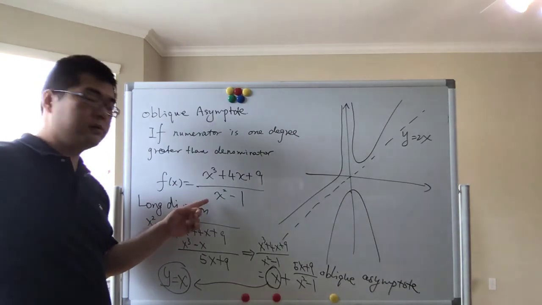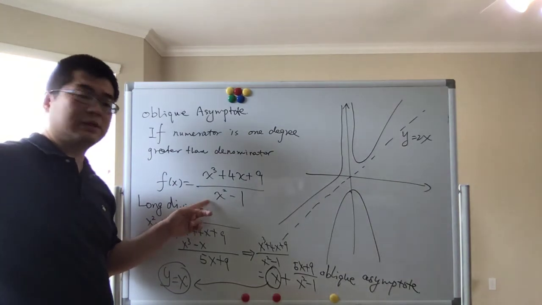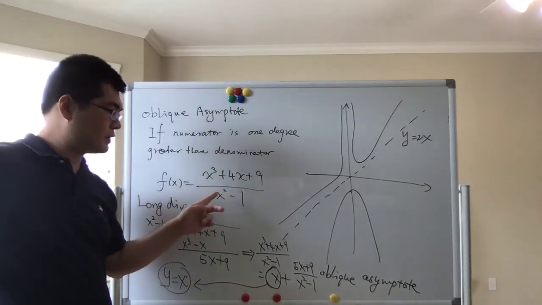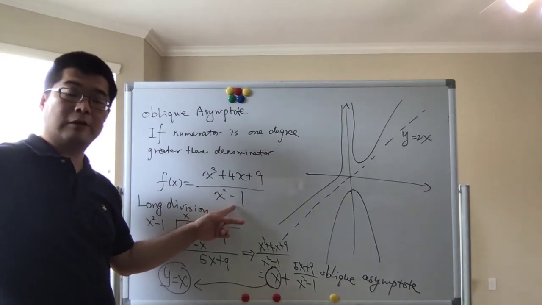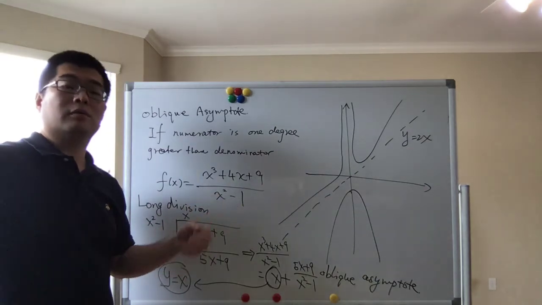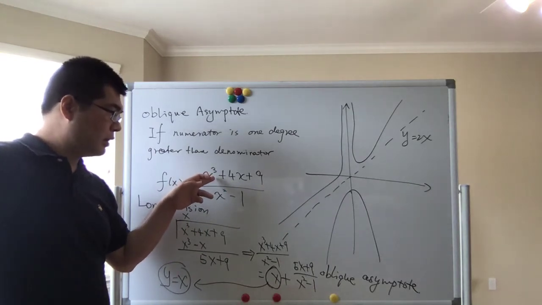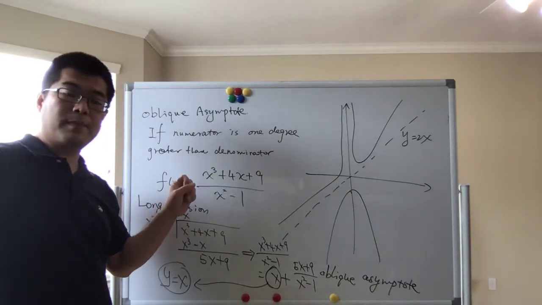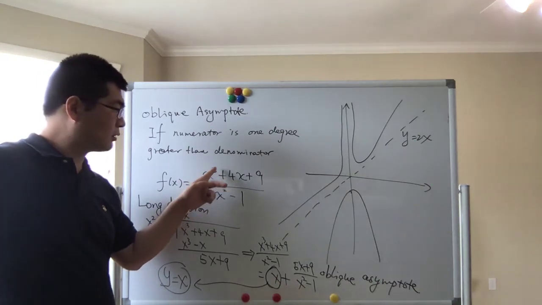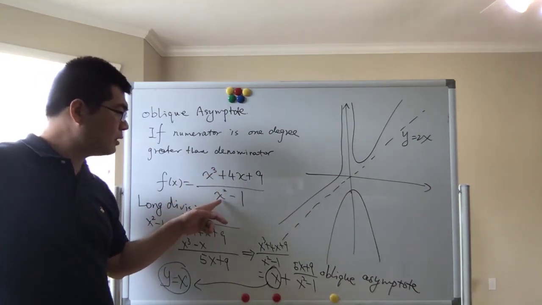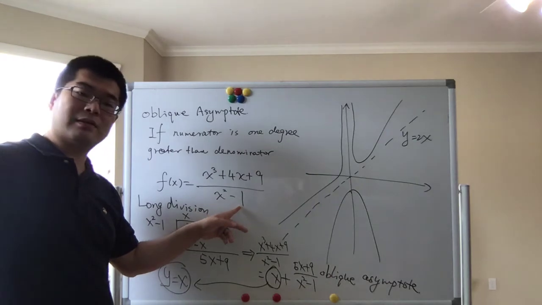So what I do here, the previous example is x squared plus 4x plus 9 over x squared minus 1, right? So the degrees are the same. Now I rewrite x squared into x cubed, such that you see the degree of the numerator is 1 degree greater than the denominator.